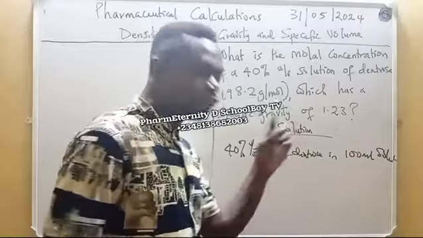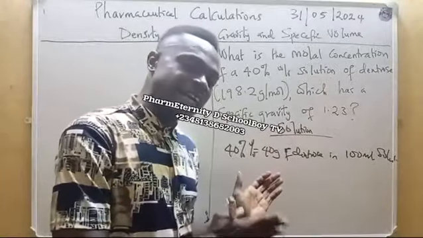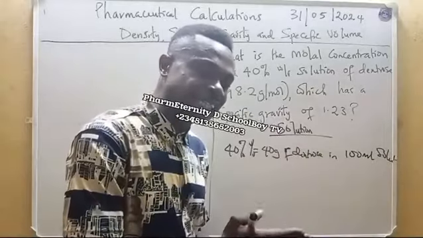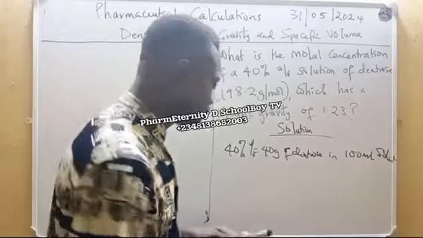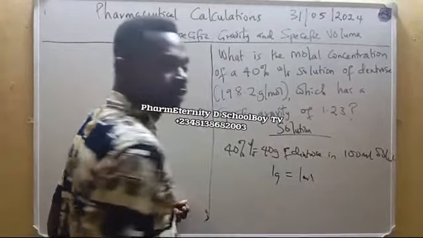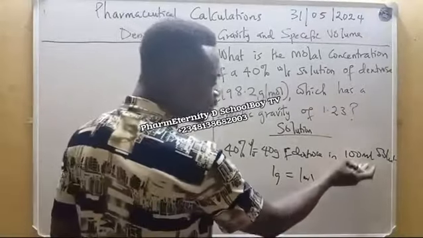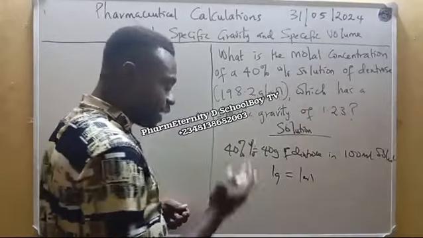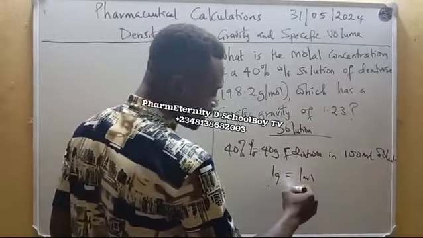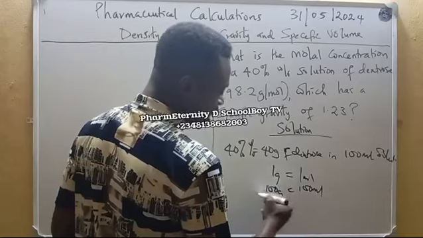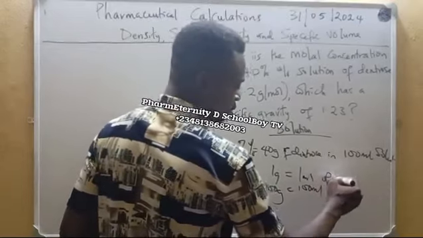Remember that for water, 1 gram is set as what? 1 ml. So if the volume of water now is 100 ml, by virtue of the fact that the volume of dextrose is 100 ml, that means 100 ml of water will now give us what? 100 grams of water. That's the meaning.